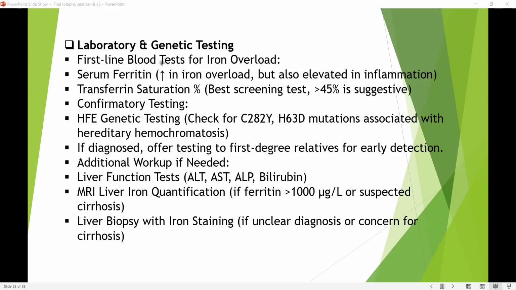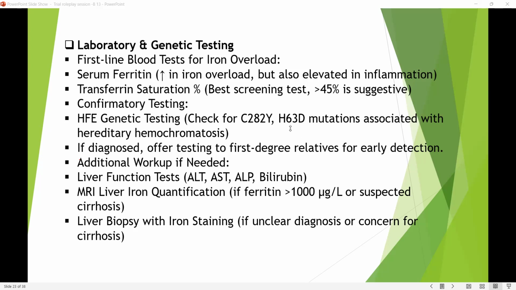Then first you need to do some first line blood tests for iron overload. You can mention I'm going to do iron studies, and then confirmatory testing would be genetic testing. Do you have any other siblings? Your siblings also need genetic testing.